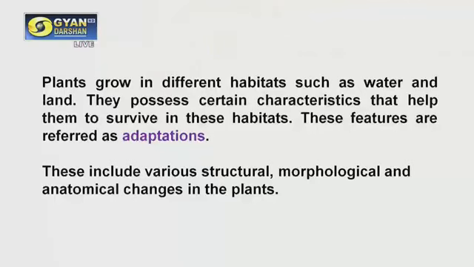And this property makes them acquire certain features depending on their habitat. For example, a plant which is terrestrial in nature will not show the same features as a plant which is aquatic, which is present in water. Even in a terrestrial system, a plant present in normal soil, a plant present in a desert where there is shortage of water, or a plant present in saline soil, that is salty water, will all have different anatomical, physiological, and morphological features.